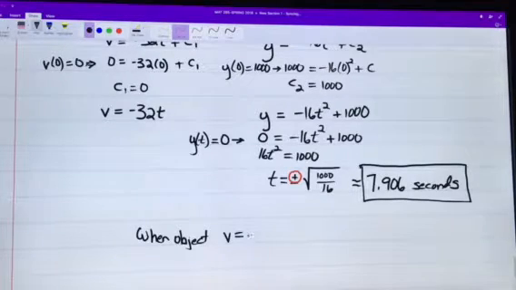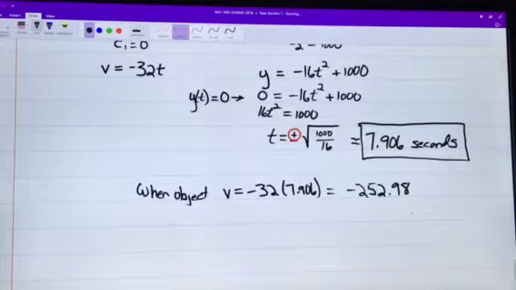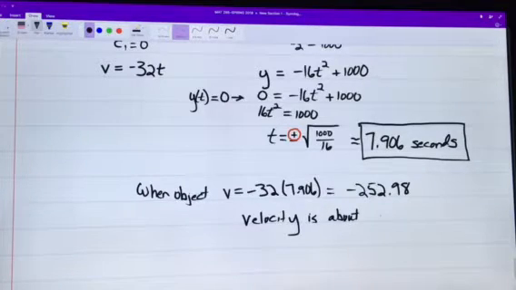So we have negative 32 times 7.906, and the negative product is about negative 252.98. What this means in context is that the velocity is going to be about 252.98 feet per second downward.